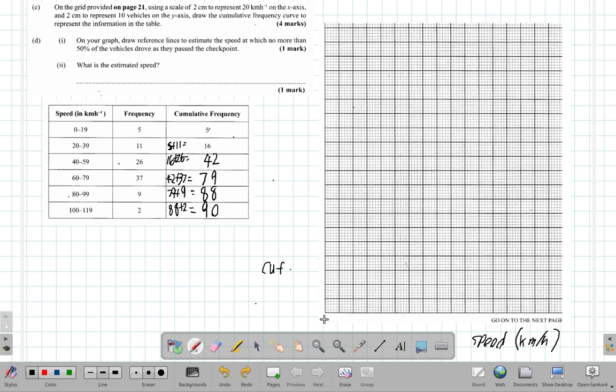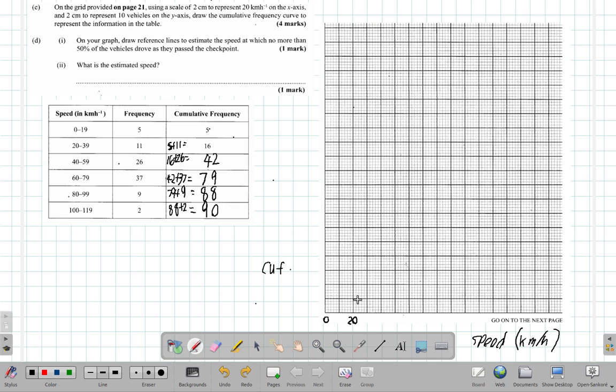So we start at 0, and then 2 centimeters to represent 20 kilometers per hour. Remember, each of these thicker lines is 1 centimeter. Go 1 centimeter, 2 centimeters here, 20 kilometers per hour. So this is 20.